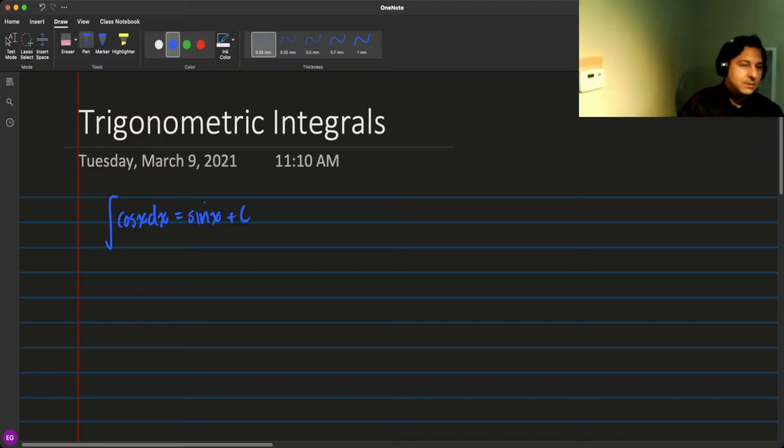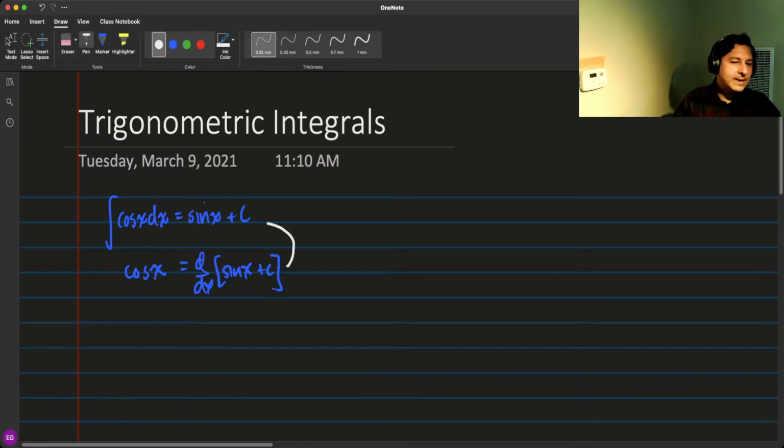Well, because we know that the derivative of sine is equal to cosine. Wait, I'm not writing this right. Okay, so this is just a simple case of rewriting the derivative rule into an antiderivative rule.